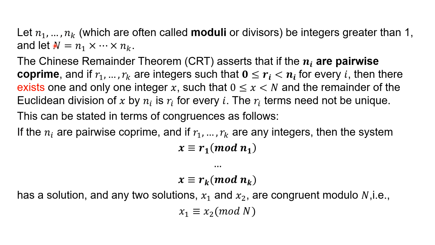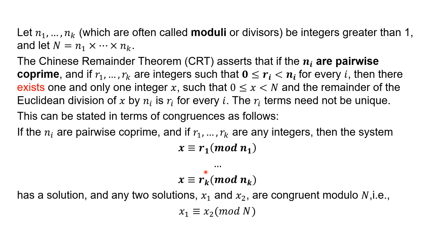We have the same conditions. We have these n sub 1 up to n sub k moduli, and they're all greater than 1. And capital N is the product of these moduli. And then you have these r sub i that are between 0 and n sub i.